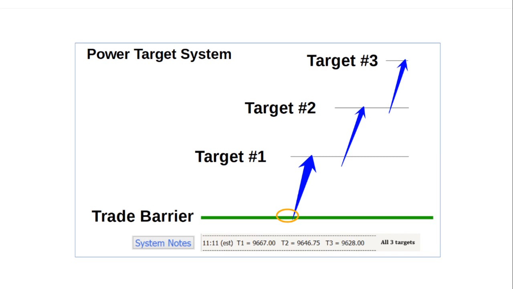So a good little rule, and we can put this in the documentation, is once you hit target one, if you want to be aggressive, go ahead and just slide your stop up below the trade barrier, right? Not to your physical entry point. Once you hit target two, then you can definitely move your stop to physical break even, and then just sit tight until the system trailing stop passes where your stop is.